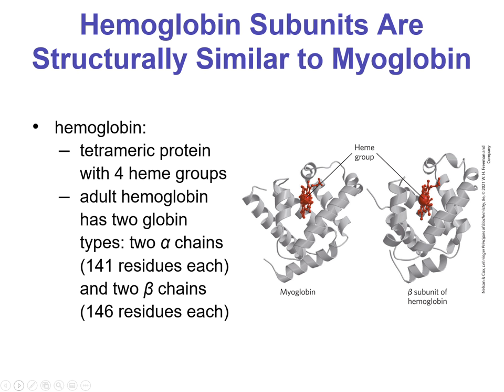Hemoglobin is a tetramer, which means that there are 4 individual little monomers that come together to make hemoglobin. So when you see something called a tetramer, or it is a tetrameric protein, that speaks to the quaternary structure.